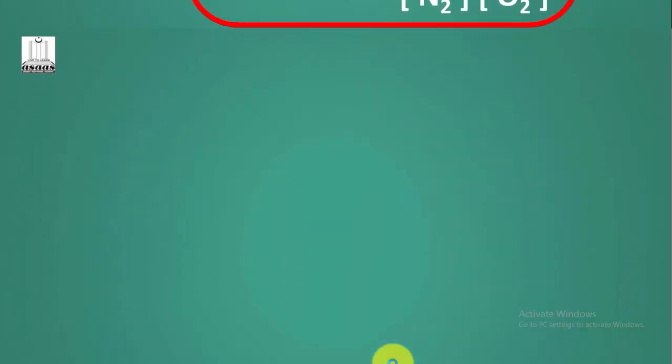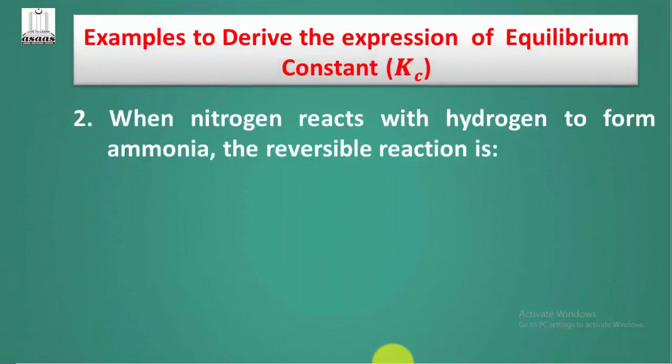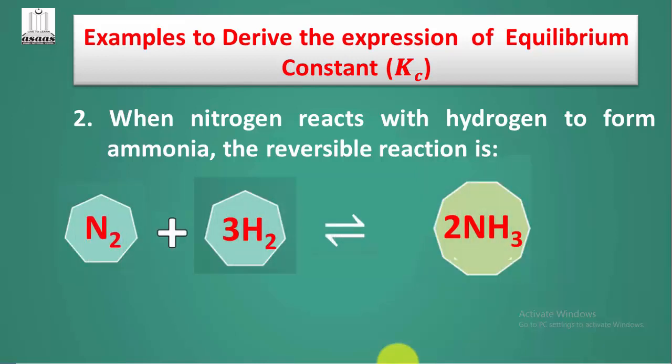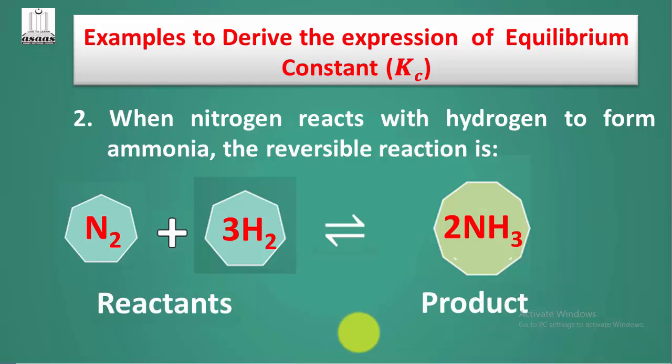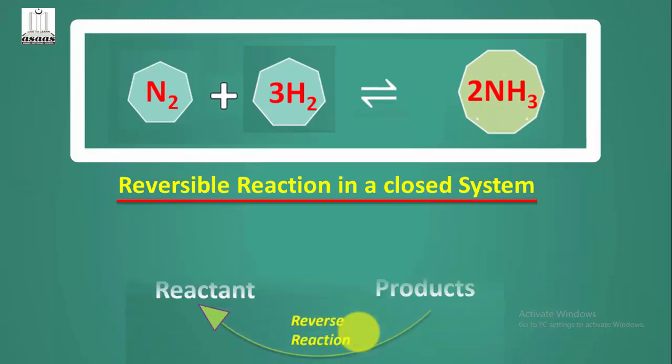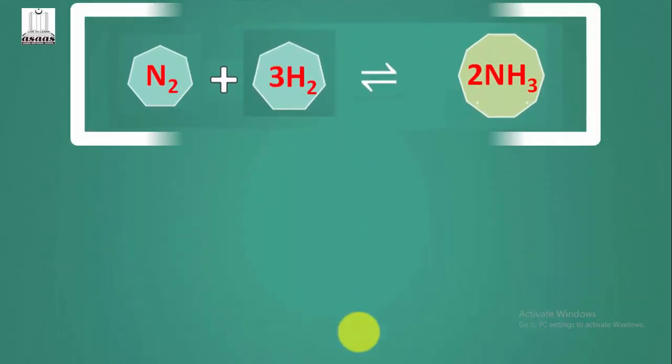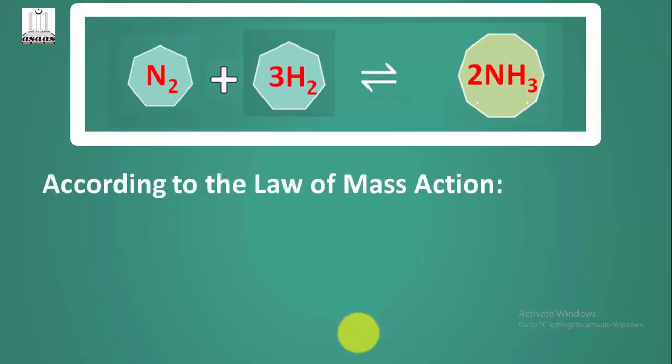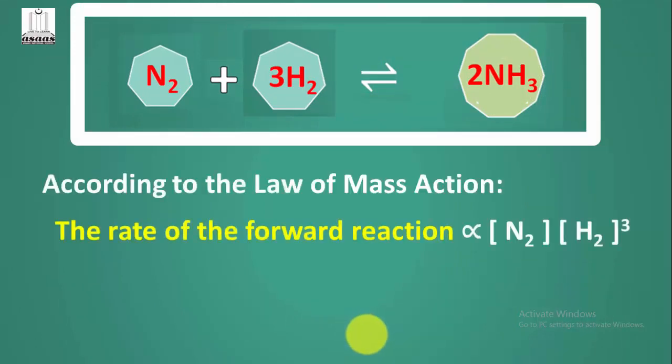The second example is when nitrogen reacts with hydrogen to form ammonia. So the reversible reaction is N2 plus 3H2 is equal to 2NH3. In this example, we repeat the same steps as in the previous example and find the equilibrium expression of Kc. The rate of forward reaction is directly proportional to the product of molar concentrations of reactants, that is N2 and H2 raised to the power 3.